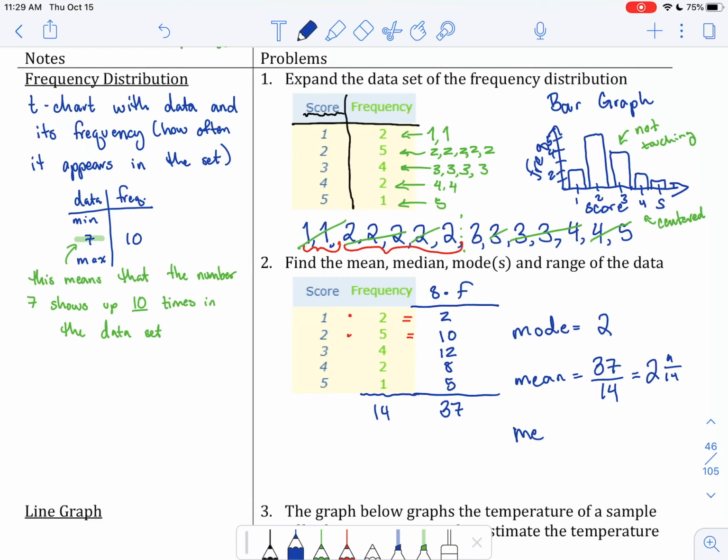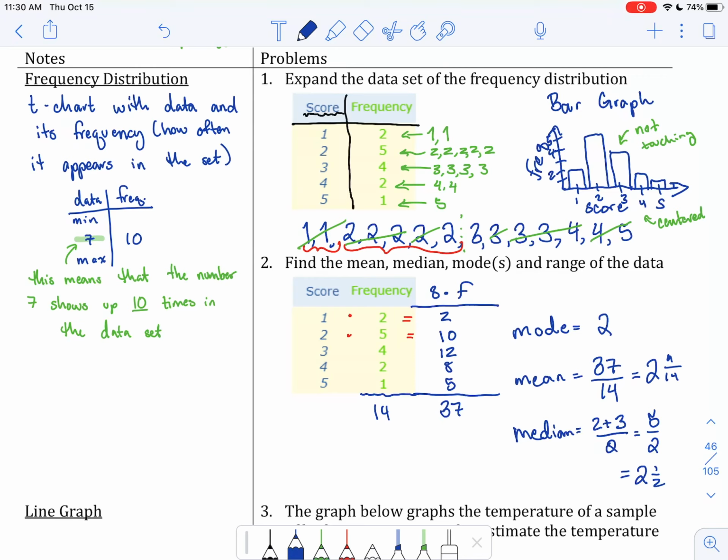So our median is going to be 2 plus 3 over 2, because when we have it in the center, we find the average of the 2, which is equal to 5 over 2, which is an acceptable final answer, but you might want to simplify it to 2 and 1/2.